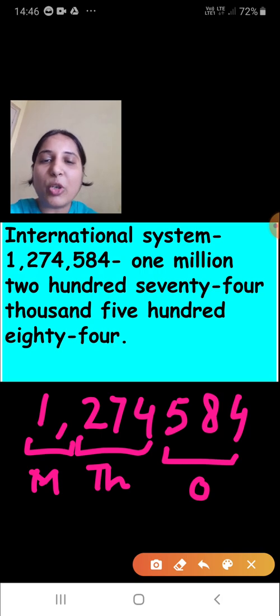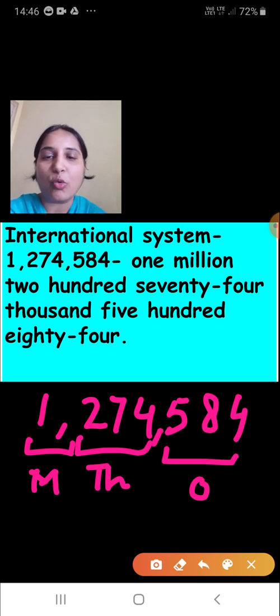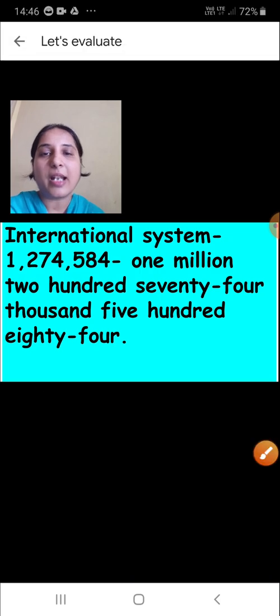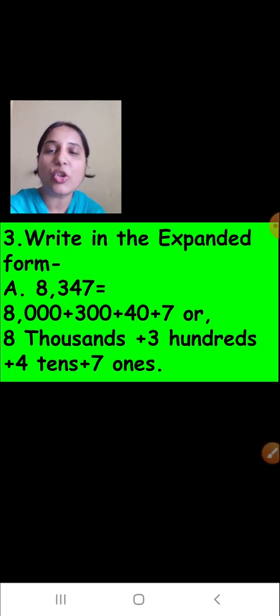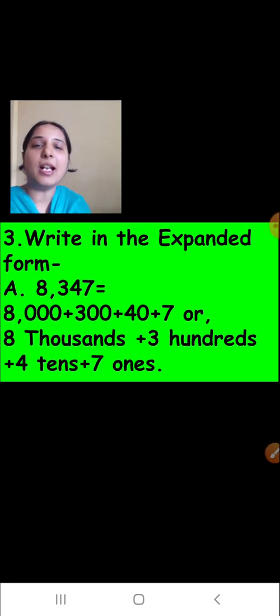Accordingly, we will put the comma between 4 and 5 and between 1 and 2. Now how will we read this number? This will be 1,274,583. Got it?